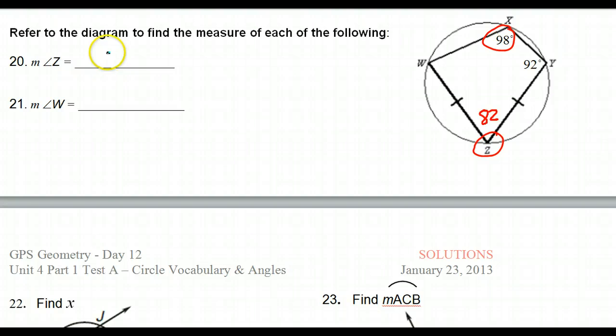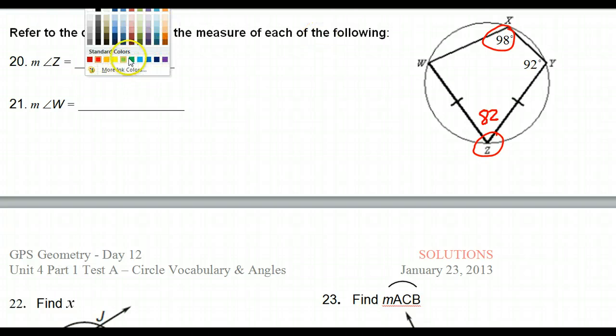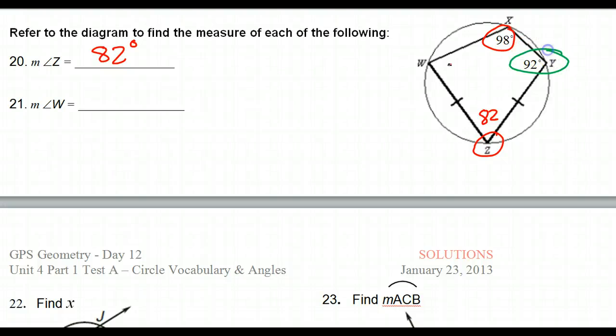So that's angle Z right there, 82 degrees. Angle W, same thing. Just subtract from 180. So these two are the angles that should be supplementary. So 180 minus 92. So that will be 88 degrees.